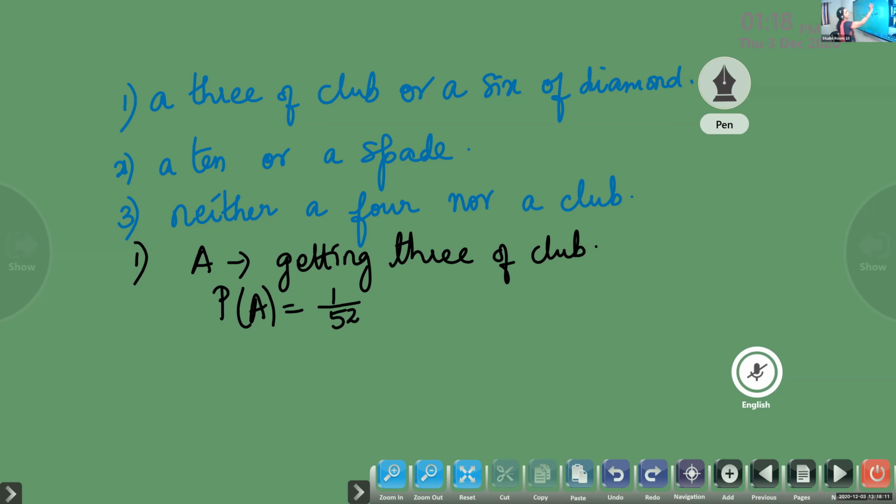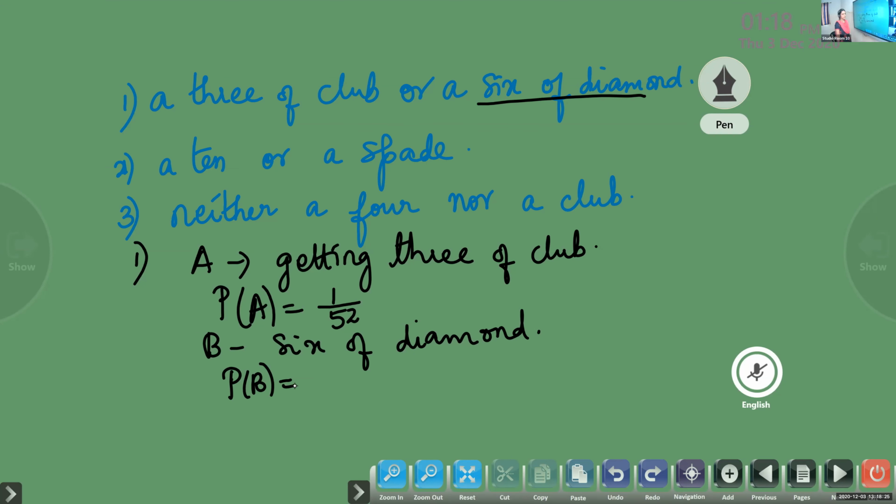Now take the second case, a 6 of diamonds. Let B denote a 6 of diamonds. Aishwarya, what is P of B? 1 by 52. Very good. Now, what is A intersection B?